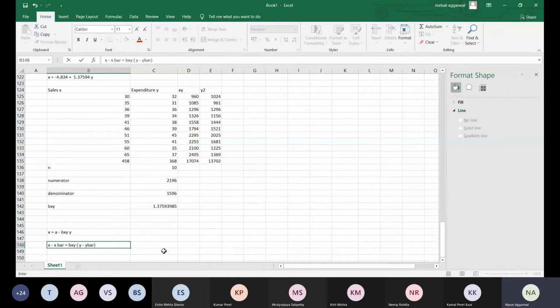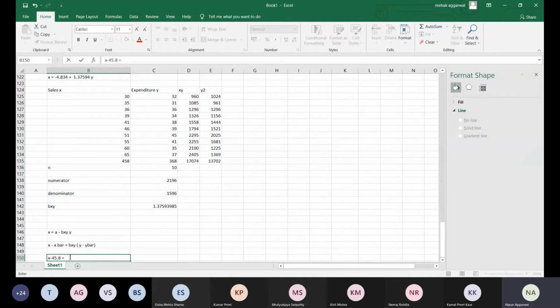That becomes your general regression line. So for x bar you have to calculate the mean. What is x mean? Total of x divided by n, which is 45.8. So this equation becomes x minus 45.8.